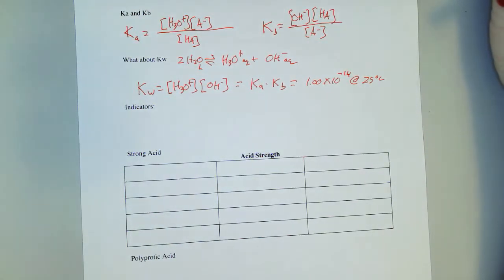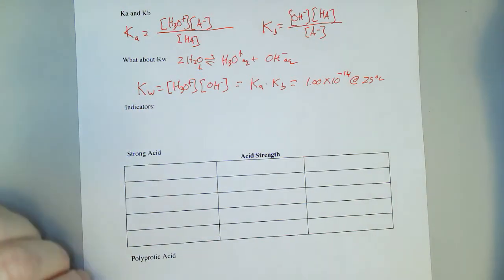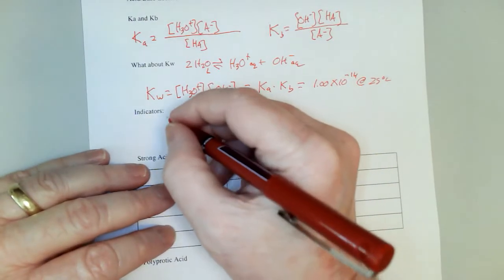Now, I'm going to round off this page just filling in some random things about acids and bases that are going to pop up, and I just thought it was a good place to stick all of it. The concept of indicators.